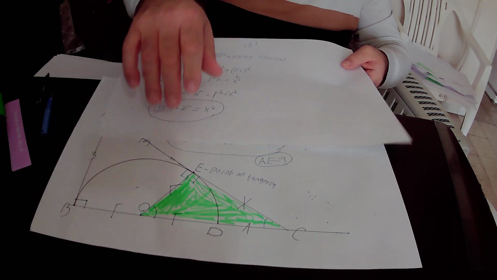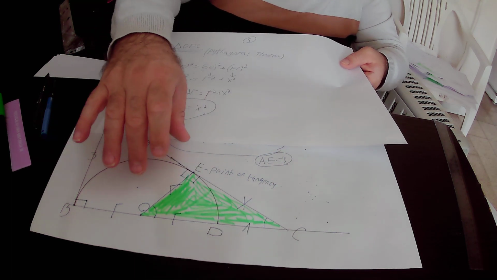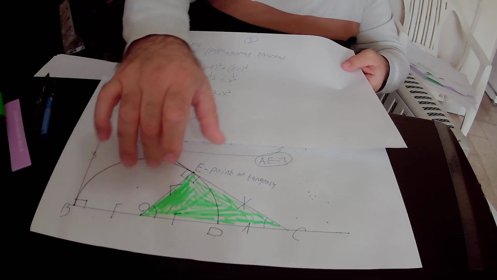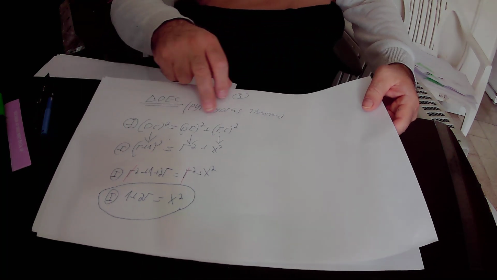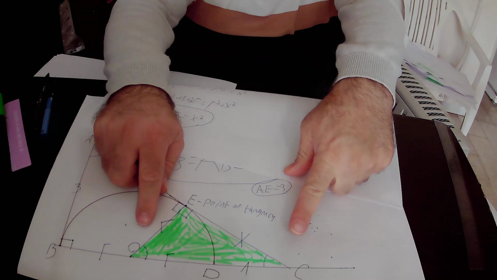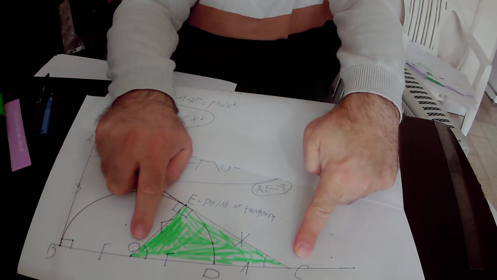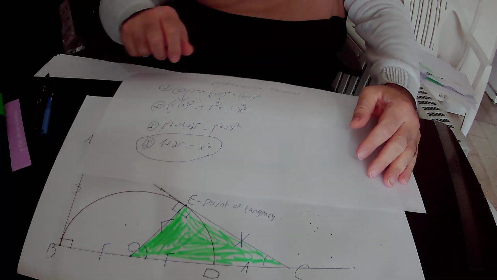OC is the hypotenuse, so OC square equals OE square plus EC square. From the drawing you can see that OC equals R plus 1, so OC square will be equal to (R plus 1) square.